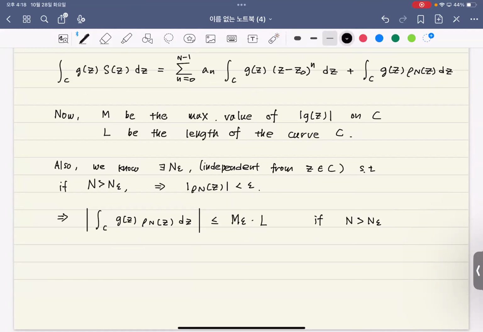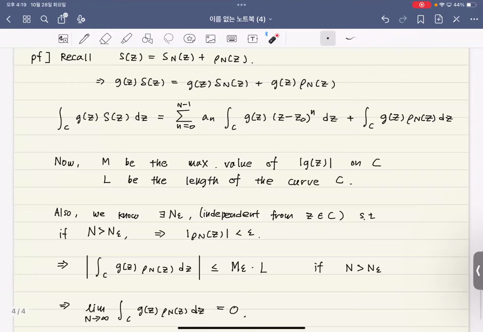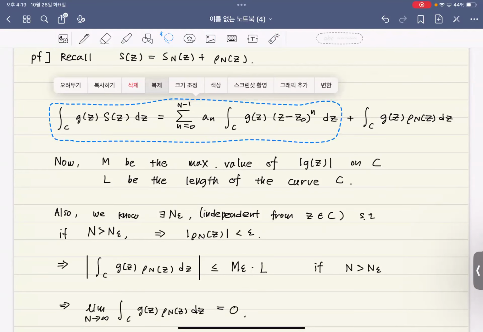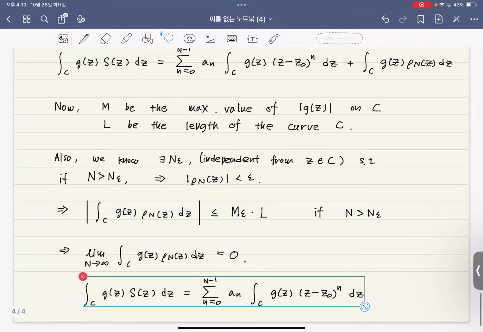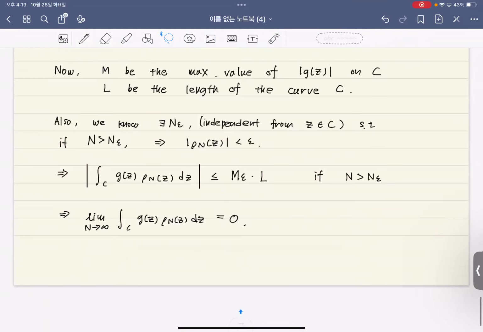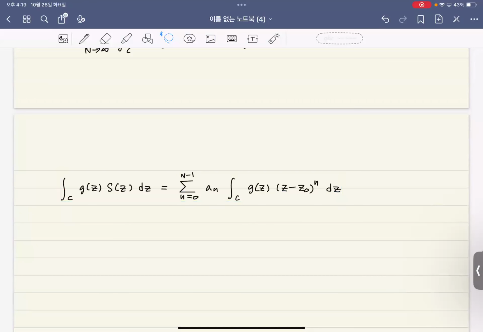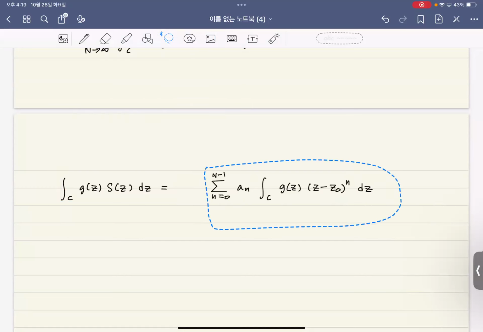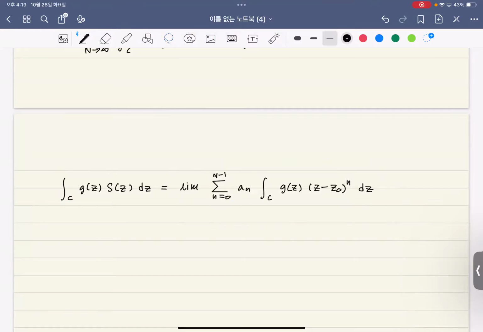So this must be 0, and we have this result.